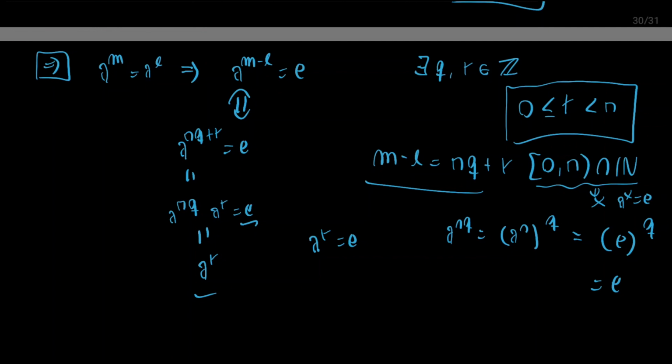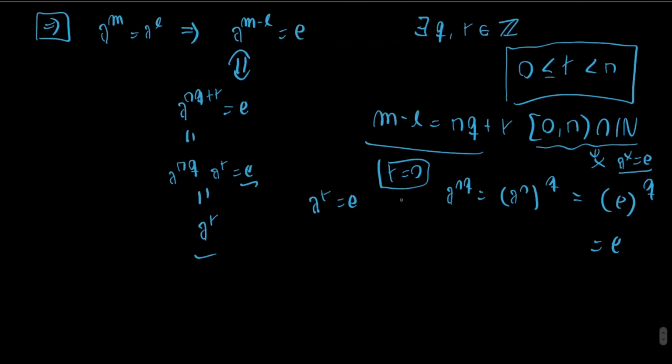Because if we consider positive integers, starting to count, excluding 0, the least positive integer for which this holds is n, meaning that if we ignore 0 here, then we take 1, 2, 3, up to n minus 1, no integer will actually satisfy this. So the first one that will is n. And so we have no other choice but to pick 0. And so we will put r to be equal to 0 here.